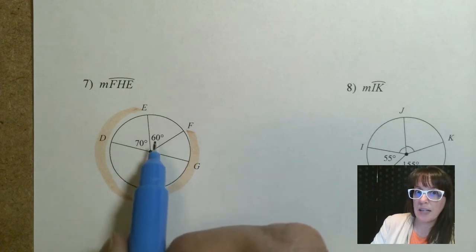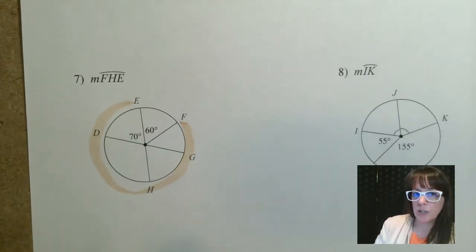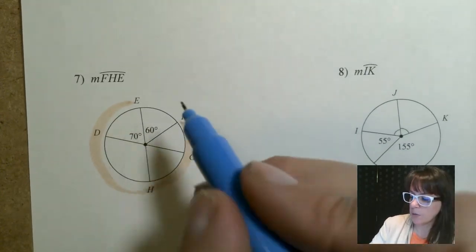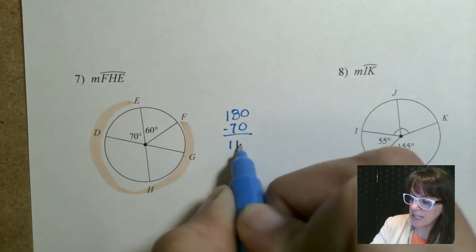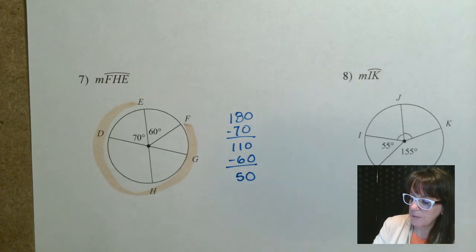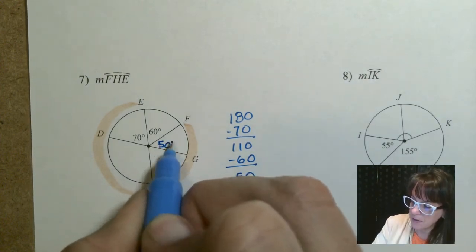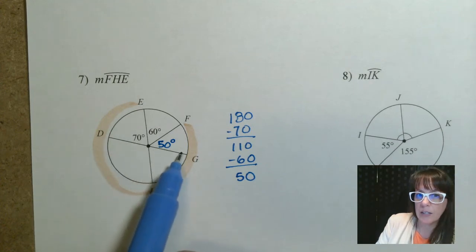Actually, what we could do is say, if we do 180 minus 70 gives us 110, minus 60 gives us 50. So this has to be 50 degrees, because do you see there is a diameter here?